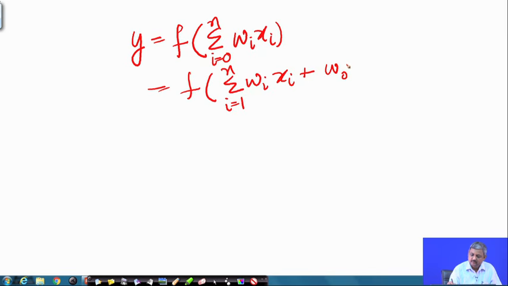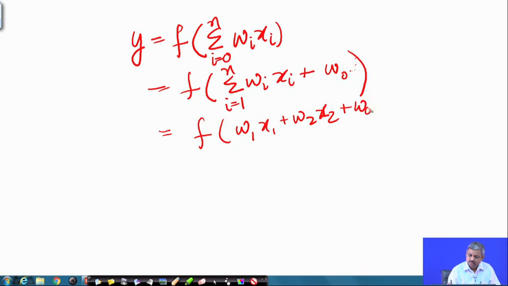X naught is 1. So, into 1, in fact, I can erase that. Like this. So, if there are two terms, say 2 inputs, I will have things like y is some f.